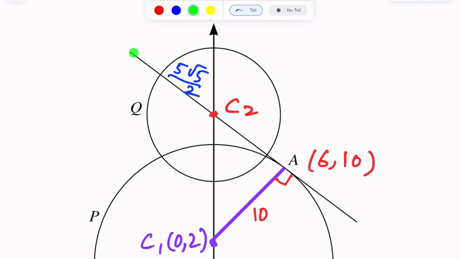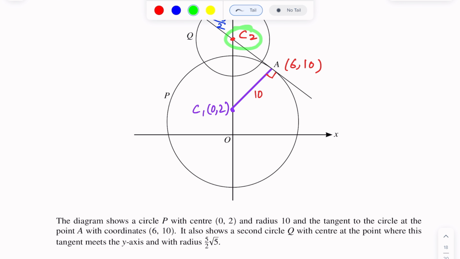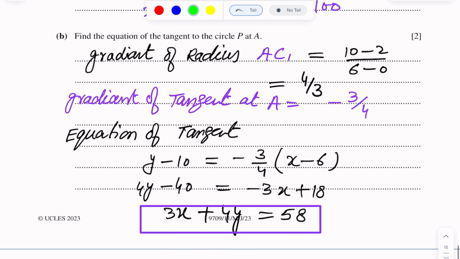So putting x equal to 0 in the equation of tangent we have already found, we get the center of the circle Q.